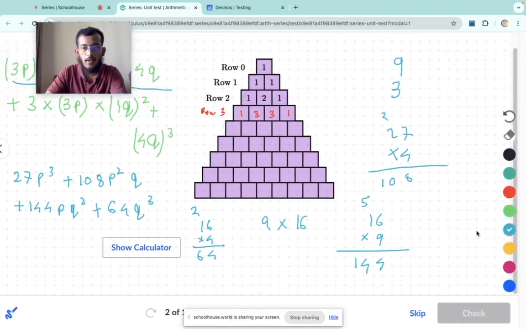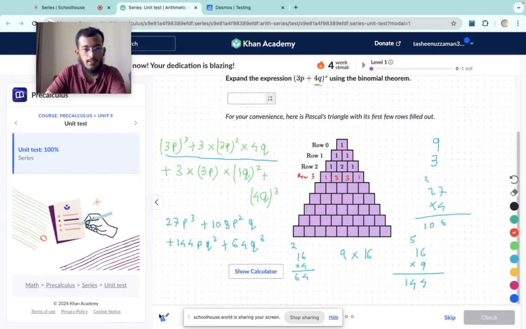If my calculations are okay, let me just recheck. We know that 6 nines are 54, 9 ones are 9, plus 5 is 14. So I think this is the final answer, which is 27p cubed.